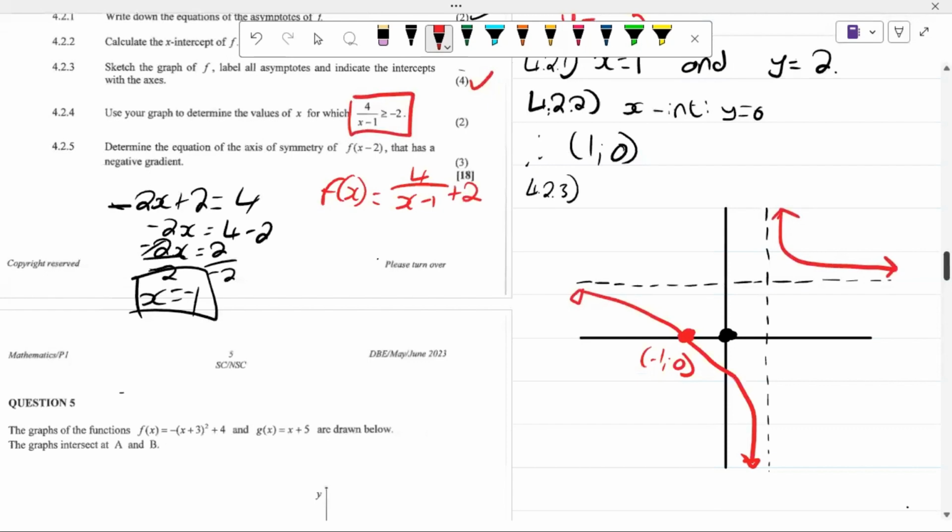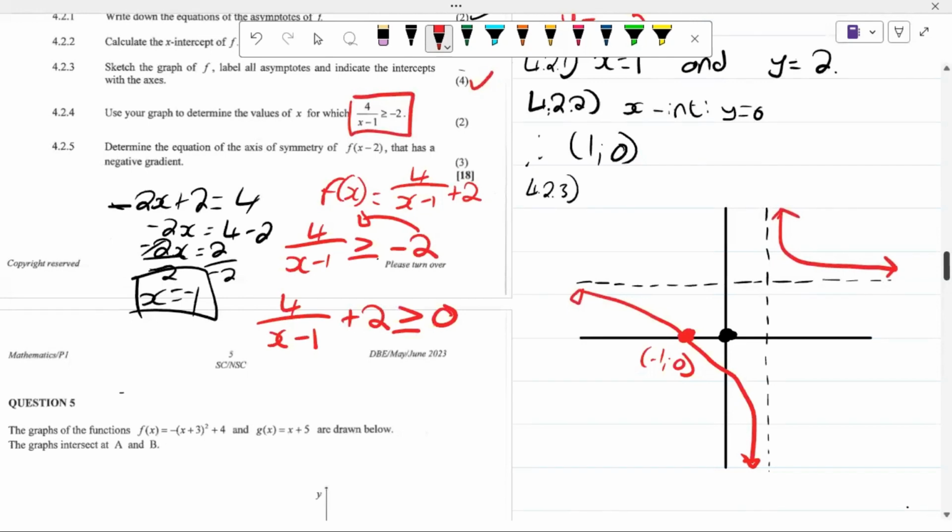So we can deal with our graph, we are going to say now, again, we are given 4 over x minus 1 is greater than or equal to negative 2. So we are just going to take 2 this side. And then we are going to have 4 over x minus 1 plus 2 is greater than or equal to 0.